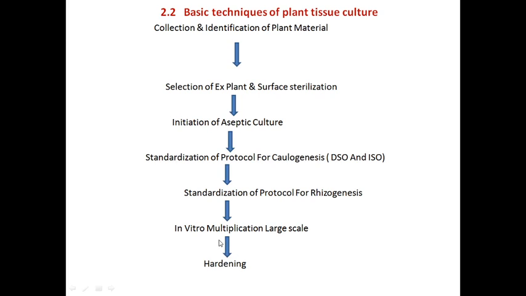Then there is in vitro large scale multiplication, and finally there is hardening, meaning the rooted shoots are successfully transferred for hardening using an appropriate mixture of coco peat, sterile sand, coco peat and soil. Hardening is done under greenhouse conditions at 25 degrees temperature and 80 to 90% relative humidity.